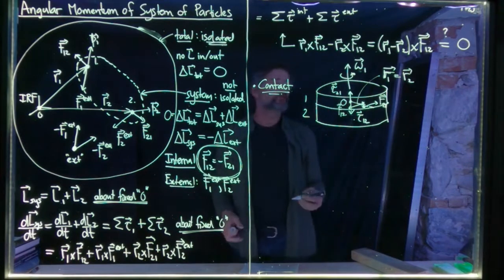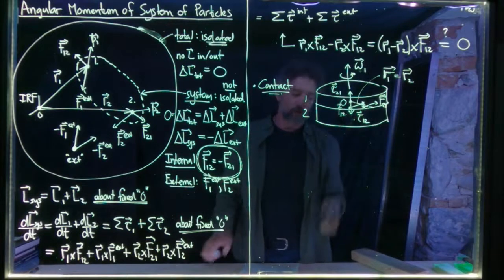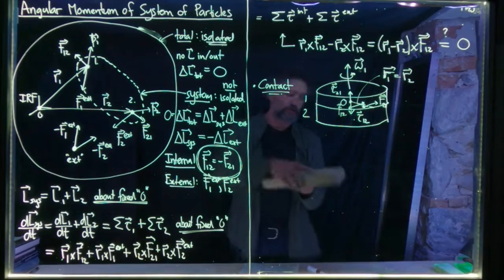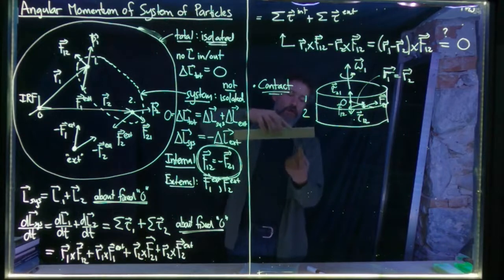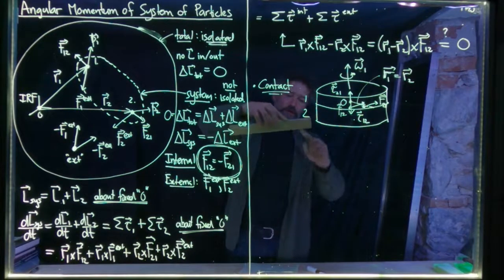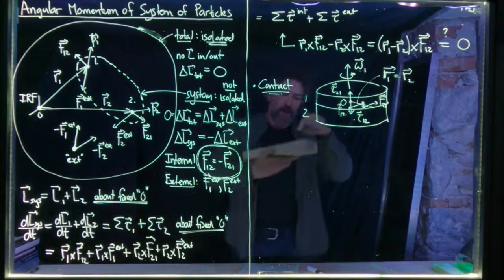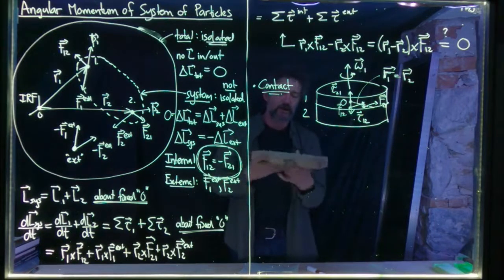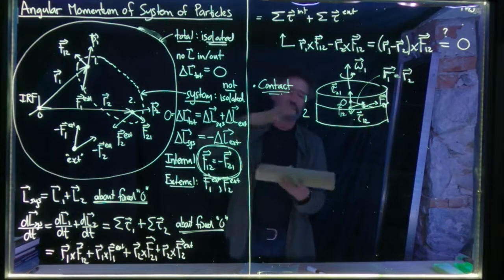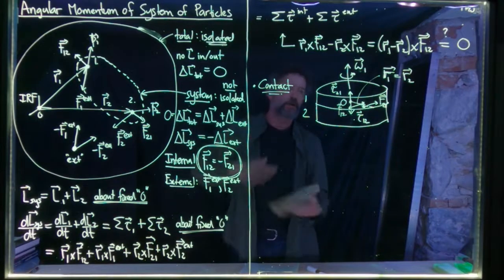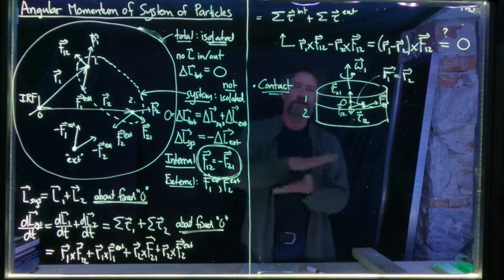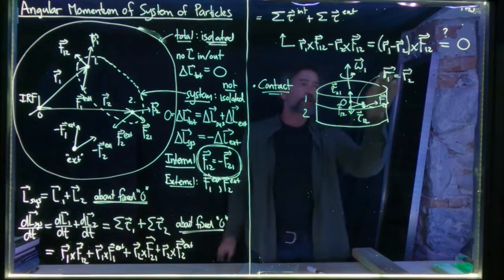Okay, and then you can repeat that argument for all of the point particles, because you've got two surfaces in contact with each other. We were just looking at one pair of point particles here, between that point particle in the upper disk and that point particle in the lower disk. But now you can look at all of the point particles where those two disks are in contact, and you can apply the same analysis to all of the points, and you will come up with the same result.